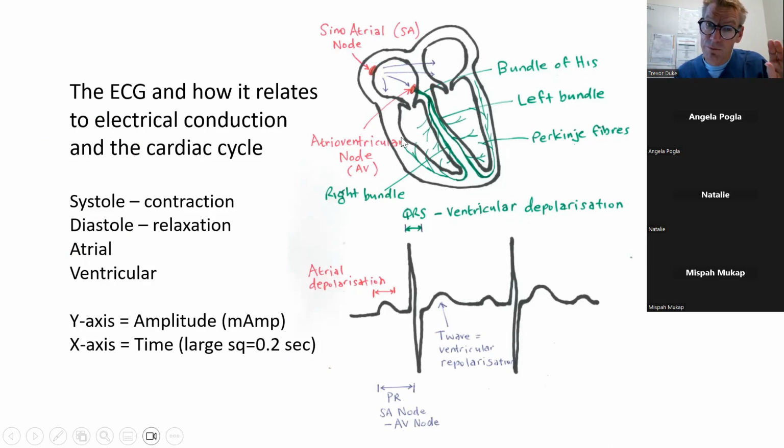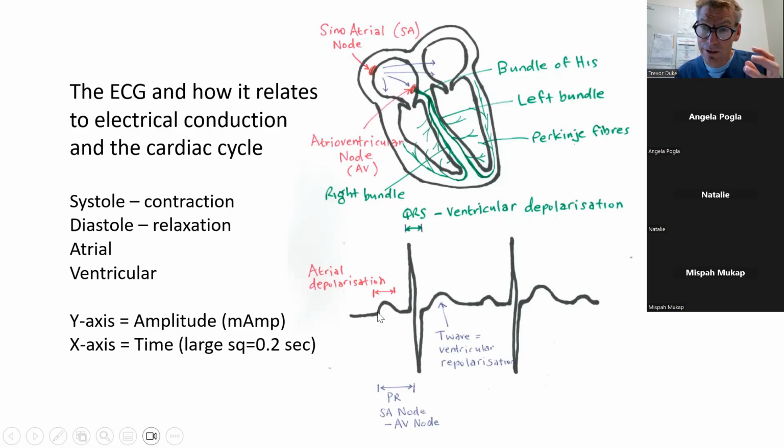And that's just when you've got a normal atrium, it will depolarize and conduct the electrical activity that's required from the SA node through the muscle of the atrium with minimal delay. If there's delay, then it might be because the atrium is too large.